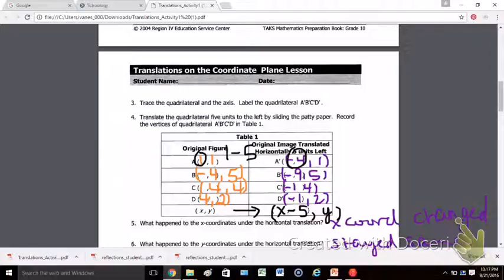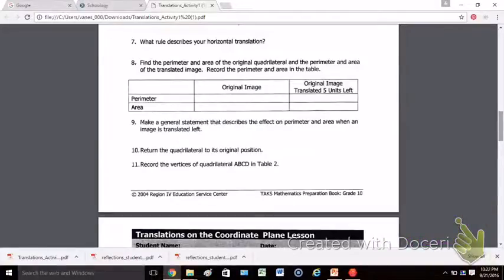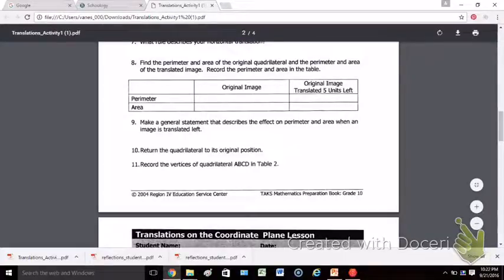One other thing is number 8, you do not need to worry about perimeter and area. Okay, so you can mark that little section out, okay? So when they ask you about perimeter and area, don't worry about that.